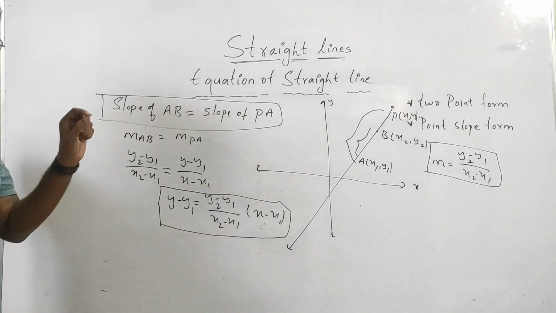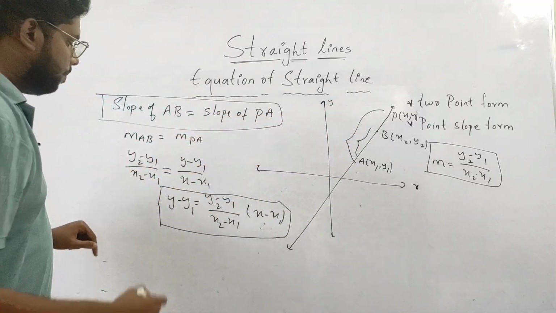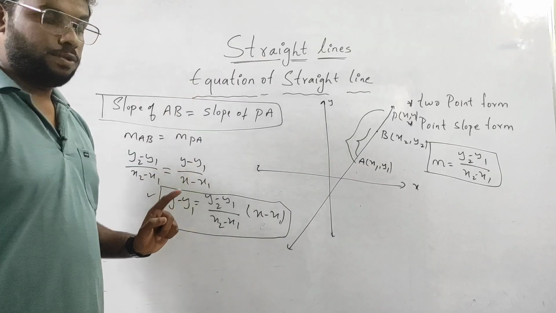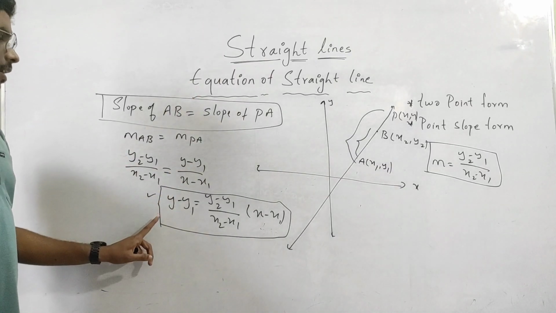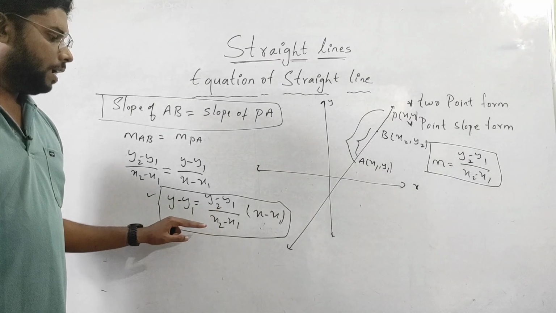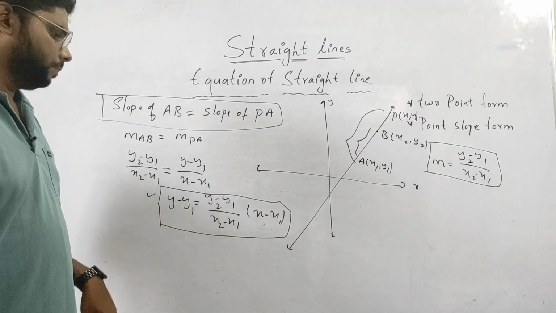When we know the two points, with the help of this equation we will find the equation of the straight line. So the formula is, when two points are known, y minus y1 equals y2 minus y1 by x2 minus x1 into x minus x1.